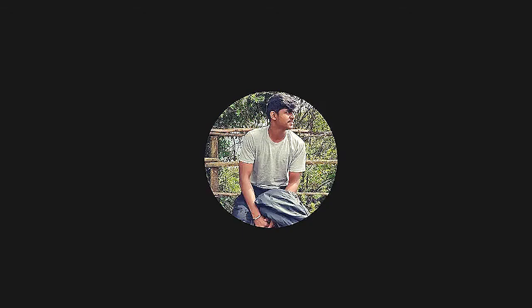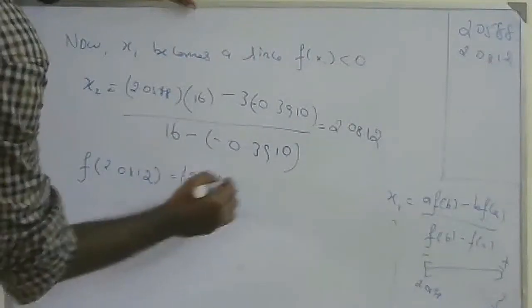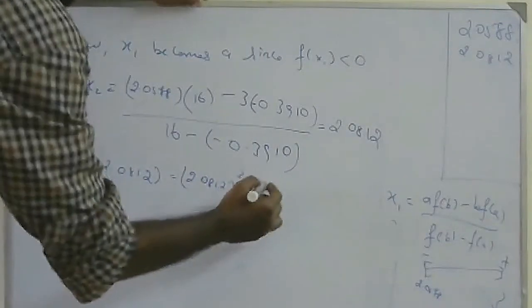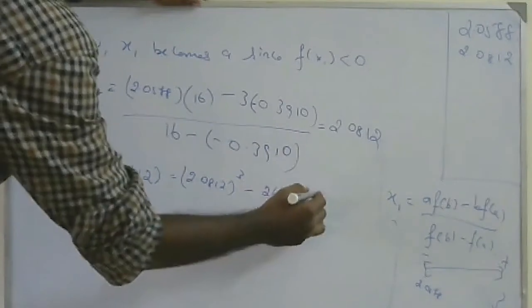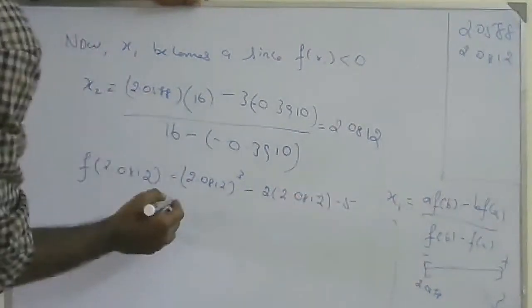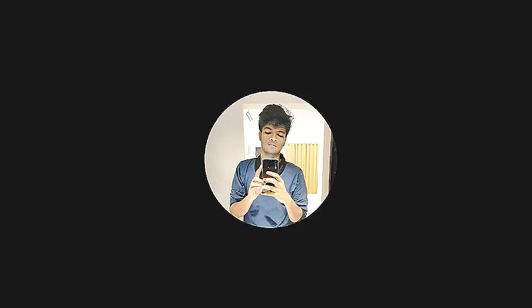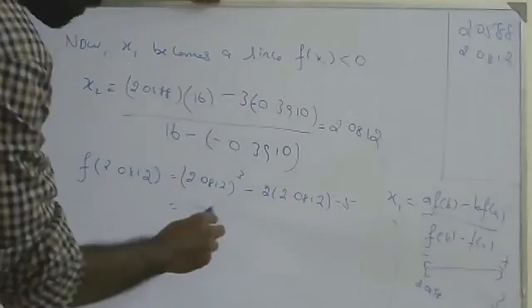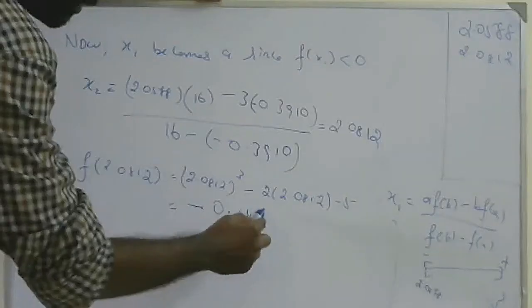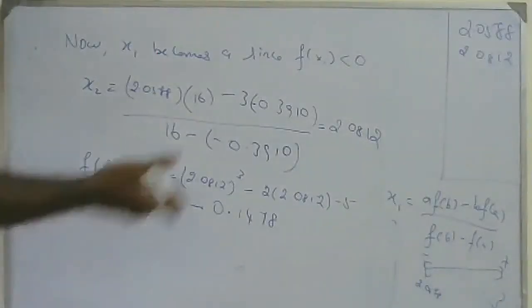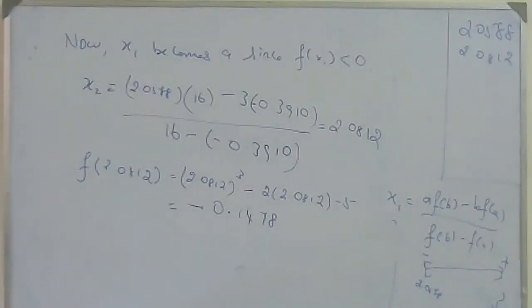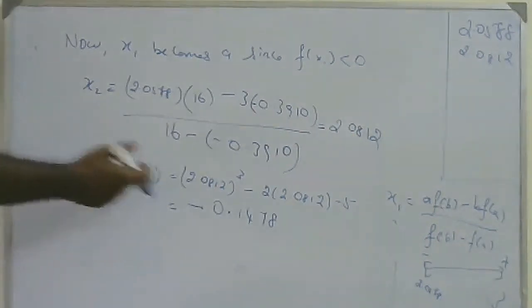So 2.0812 the whole cube minus 2 into 2.0812 minus 5. Minus 0.1479, yes 79. Okay, it's not different. Okay, 3 decimal places then, so minus 0.1478. So this is the value of f of 2.0812.